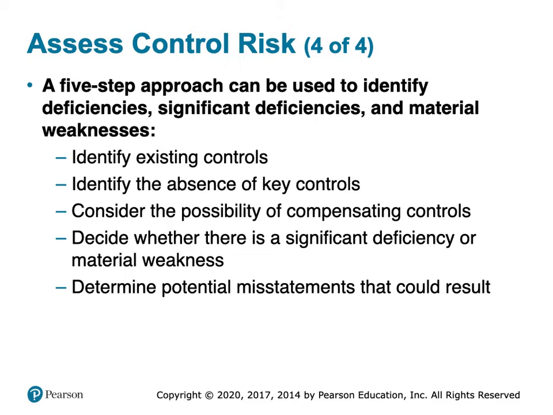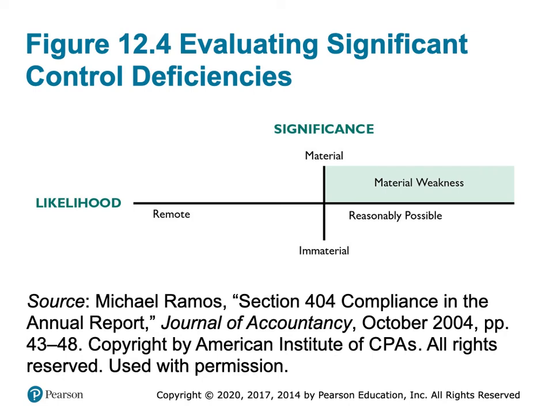But the fact that you're doing a bank reconciliation may actually compensate for that. So you've got something later on in the process that will find errors. That leads you to figuring out, okay, do we have a significant deficiency or material weakness?